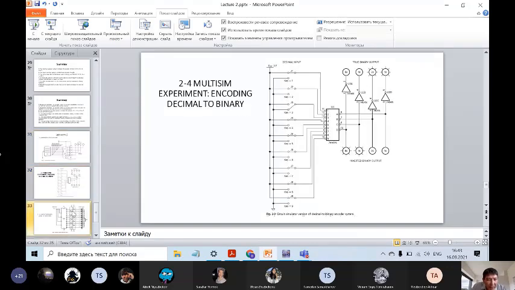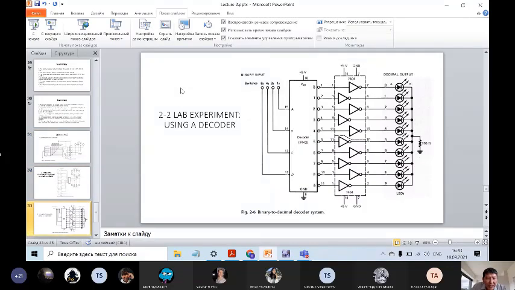Okay. Next, lab experiment using a decoder. In the previous one we converted decimal to binary. By this circuit, you will convert binary to decimal. I already showed my simulation.